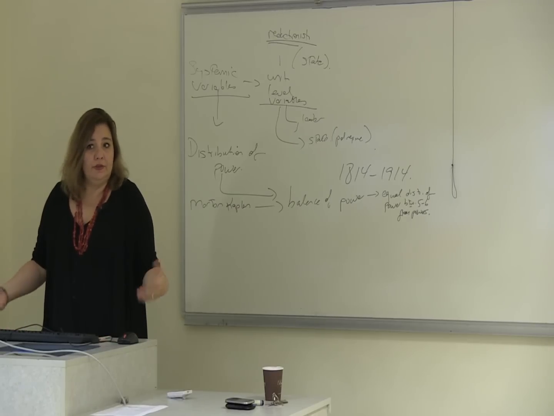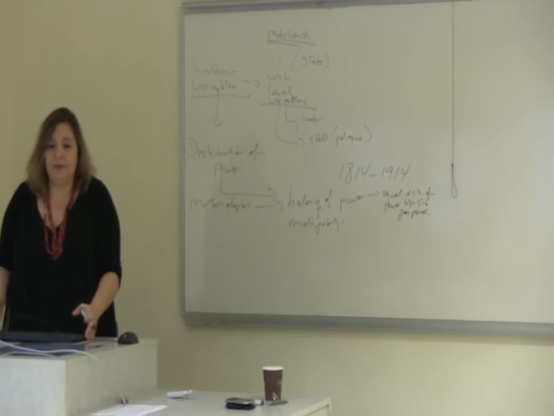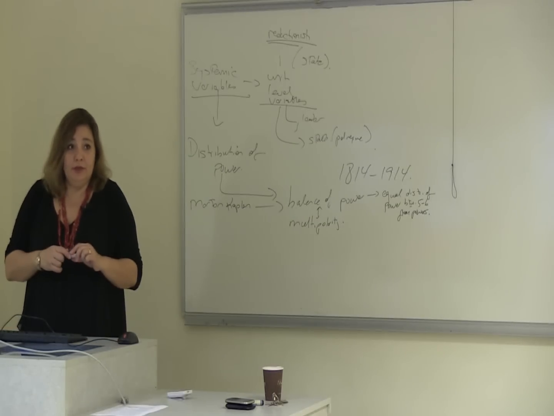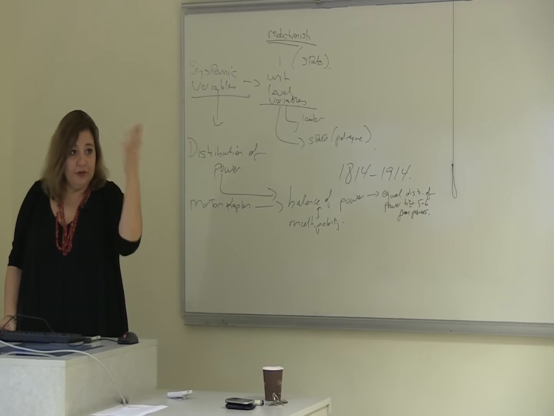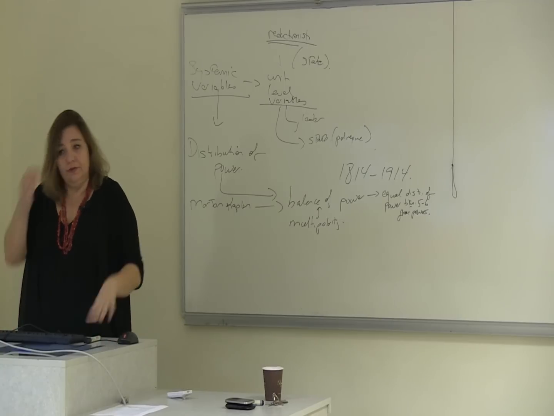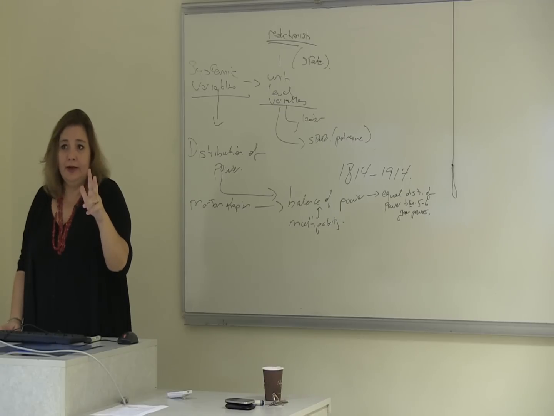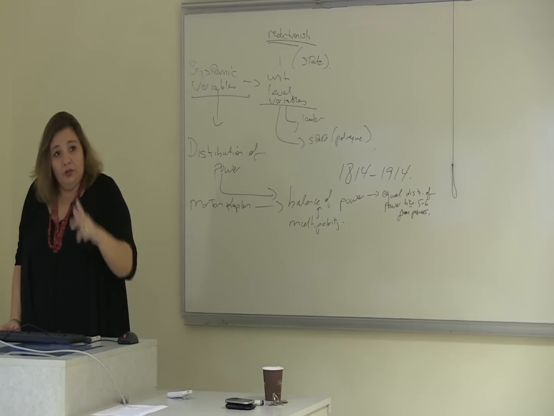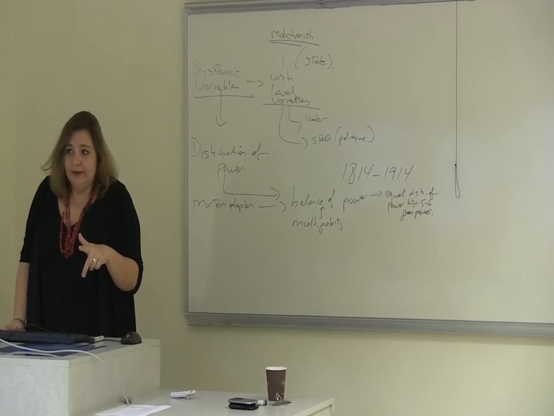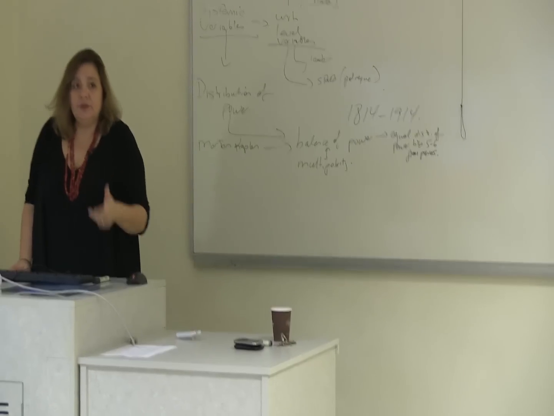What is the Waltzian term for this? Remember, we discussed Waltz. We said there would be certain types of polarity that Waltz refers to: unipolarity, bipolarity, multipolarity. Waltzian multipolarity is Kaplan's balance of power.